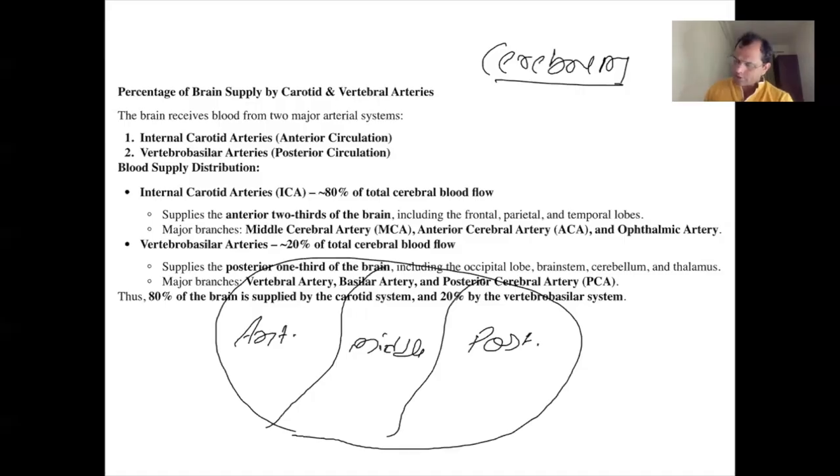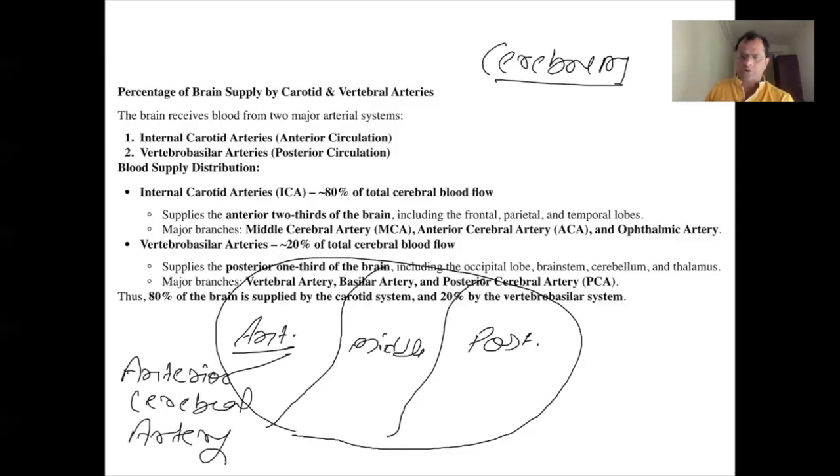The artery going to the anterior part is called the anterior cerebral artery. The artery going to the middle part of the brain is called the middle cerebral artery. The artery going to the posterior part of the brain is called the posterior cerebral artery.